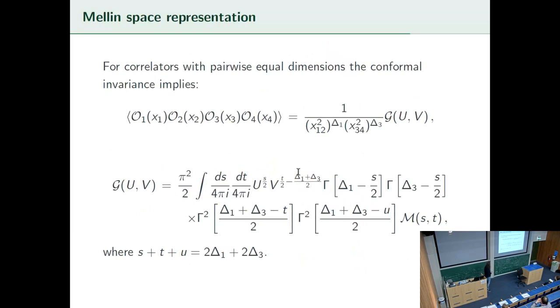So for that, we need to strip off the kinematic factors, which depend on the conformal dimensions of the operators we're taking here, such that the stripped correlator will be a function only of the conformal cross ratios U and V. Then we can apply the standard formula for the Mellin transform, which will give us the Mellin amplitude as a function of the Mandelstam variables S and T.